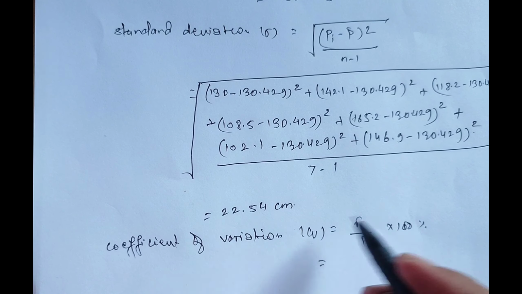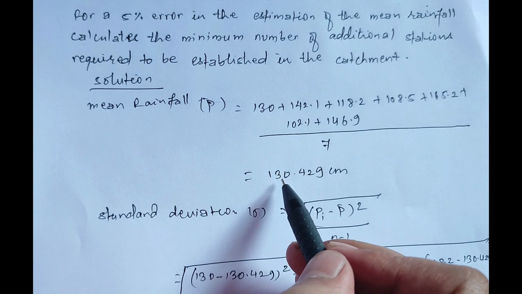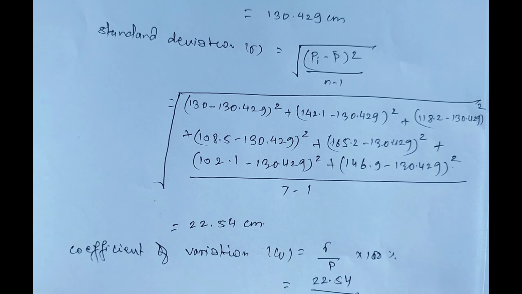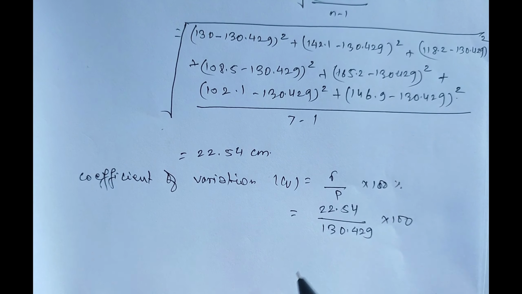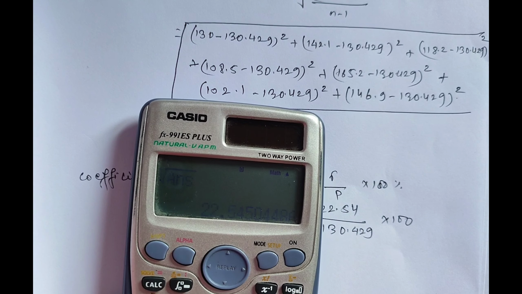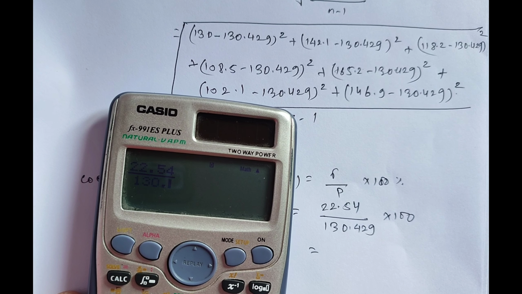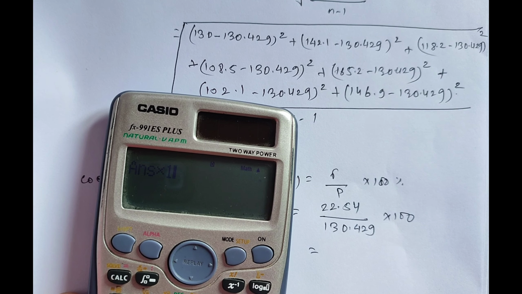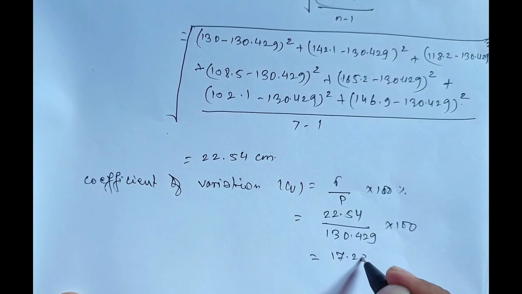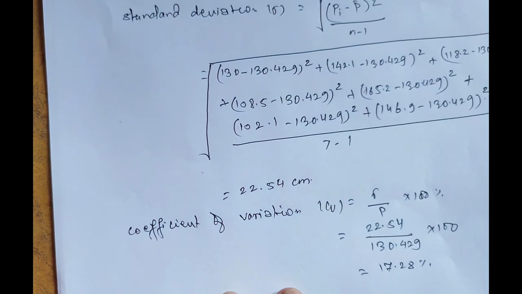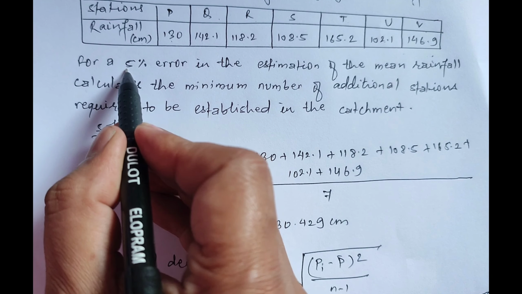Sigma is calculated as 22.54 and P bar is already calculated as 130.429. So 22.54 divided by 130.429, into 100%, gives 17.28%.